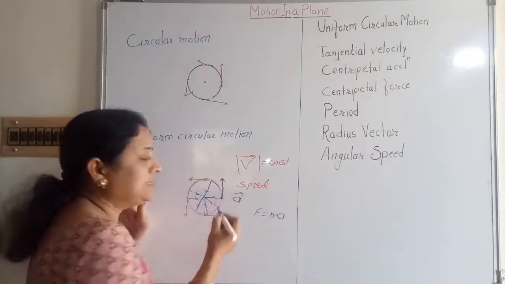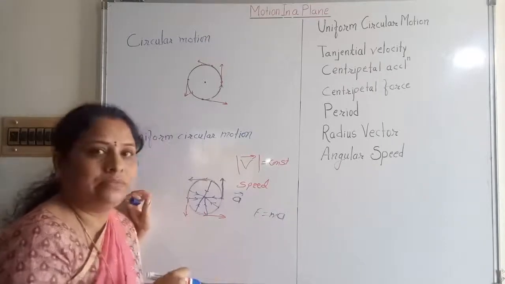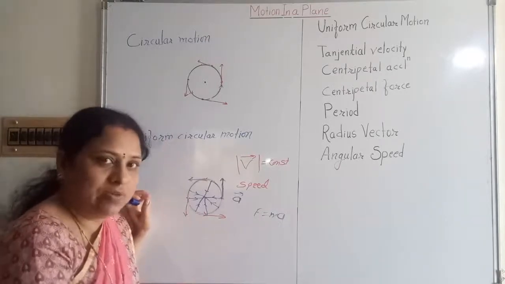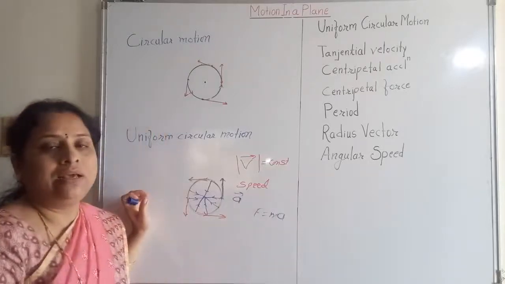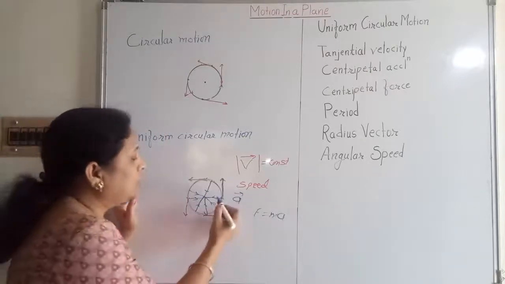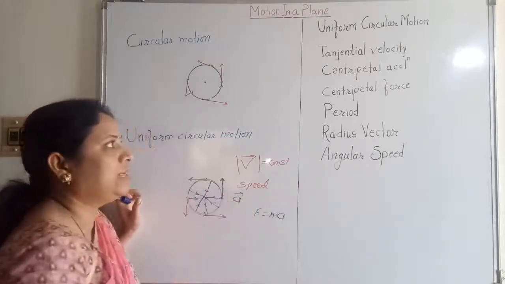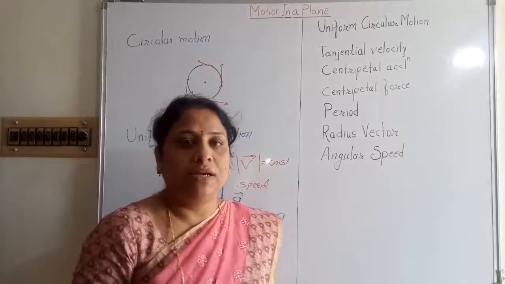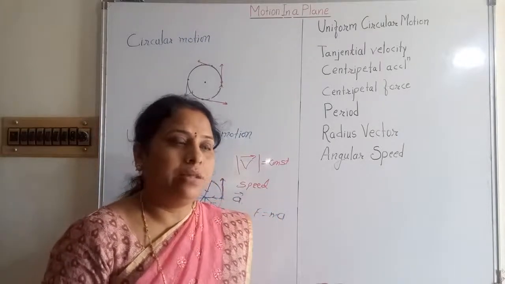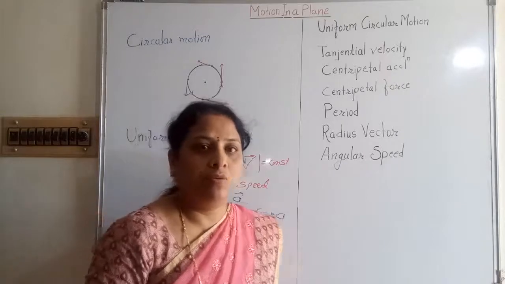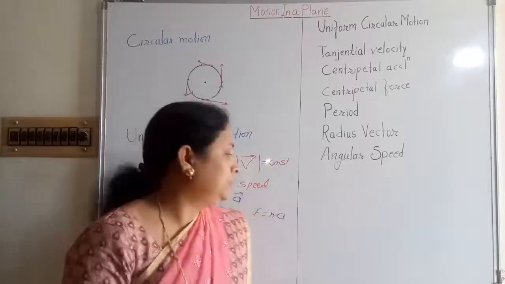As the object has some mass and it is in motion, the acceleration arises when there is a change in velocity. Then in the direction of acceleration, the force is acting on that object. Here also the acceleration is centripetal acceleration. That's why the force acting on that object is also called the centripetal force. In detail, you have to study it in 12th. You can see the videos for centripetal force and centrifugal force also for the 12th.